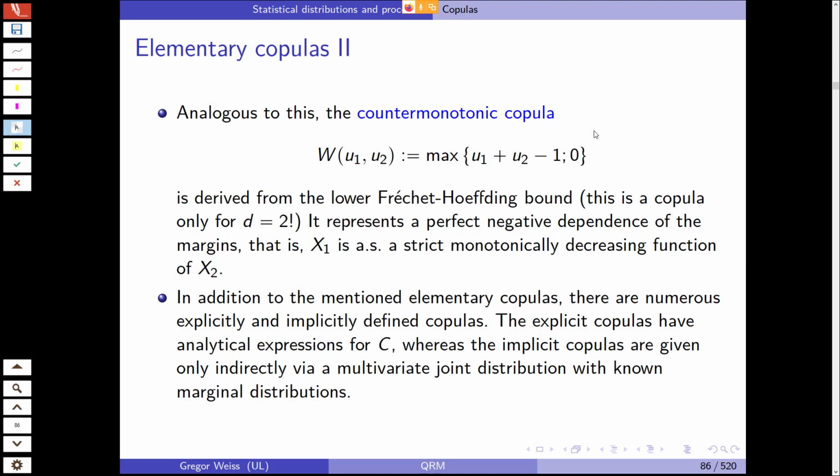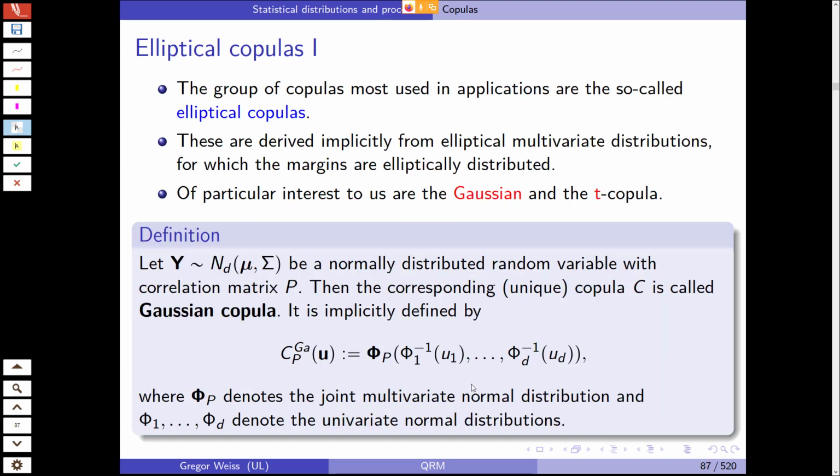Now, in addition to the mentioned elementary copulas, we have numerous explicitly and implicitly defined copulas. For the explicit ones, we have analytical expressions. For the implicit ones, we can only derive them implicitly from known joint multivariate distributions like the t distribution, the normal distribution, etc. And we'll start out with these ones, for example the elliptical ones.